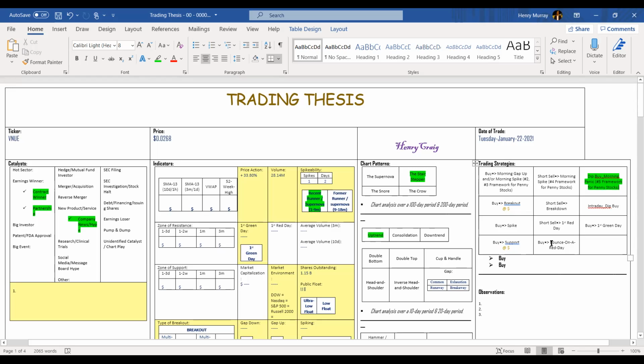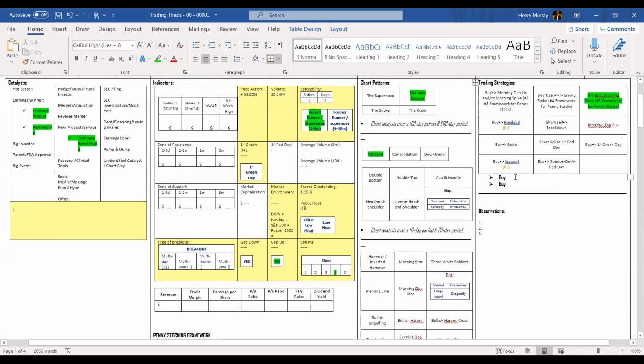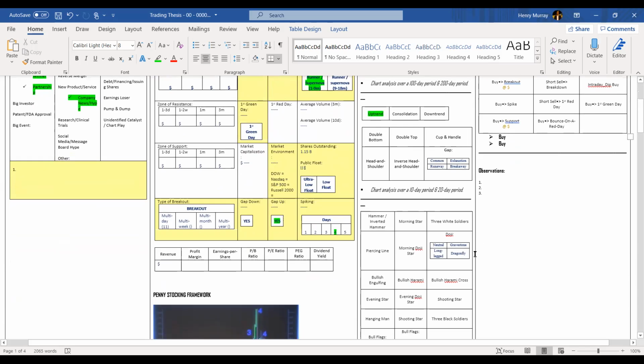And these are just some of the many trading strategies that you can use to trade penny stocks.